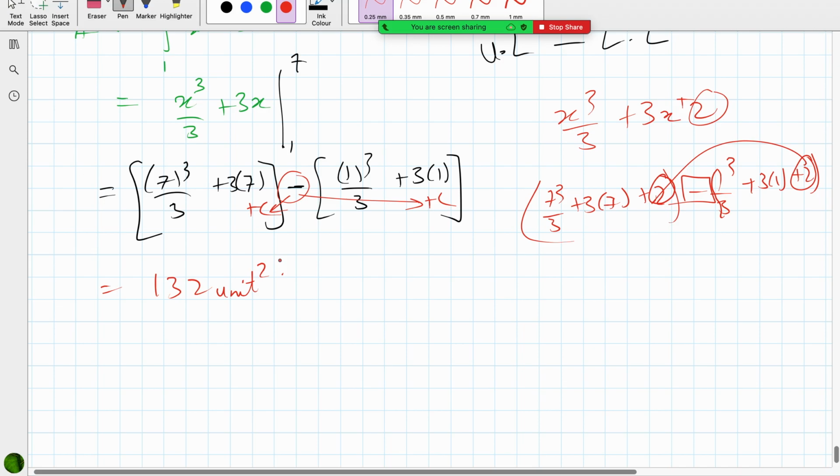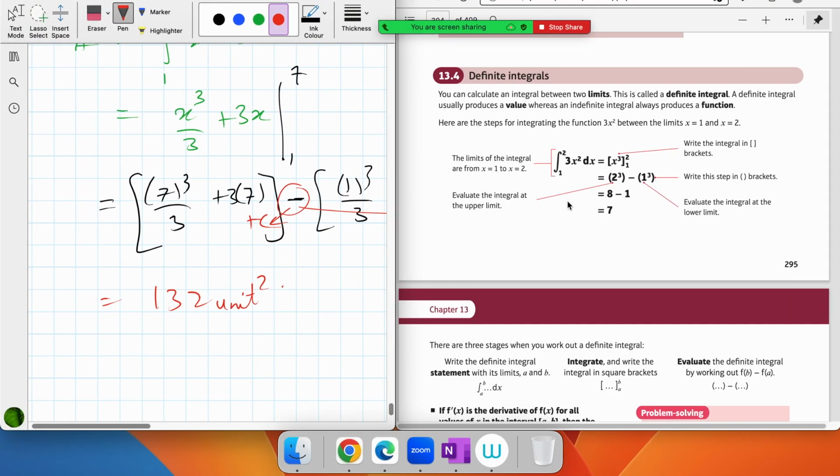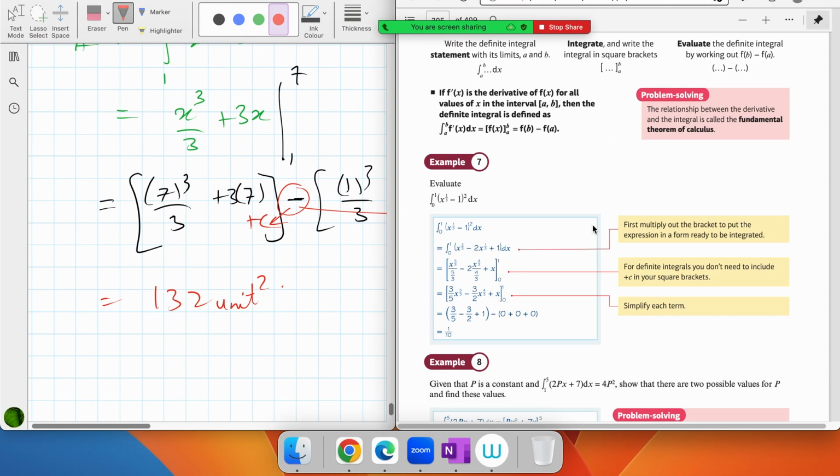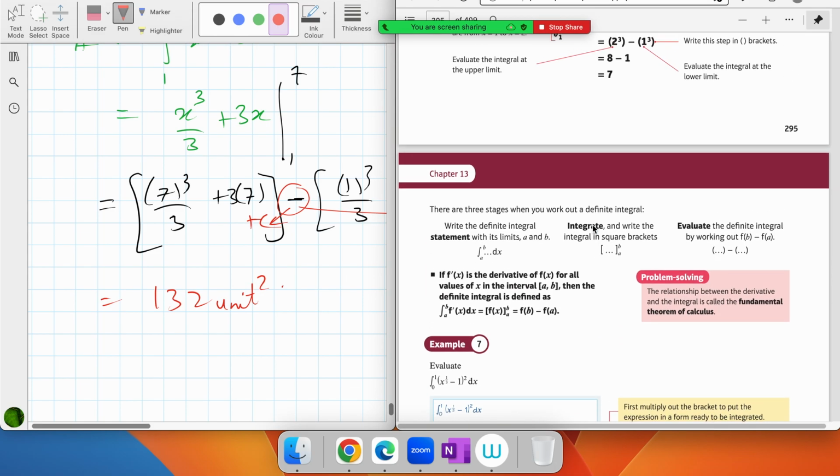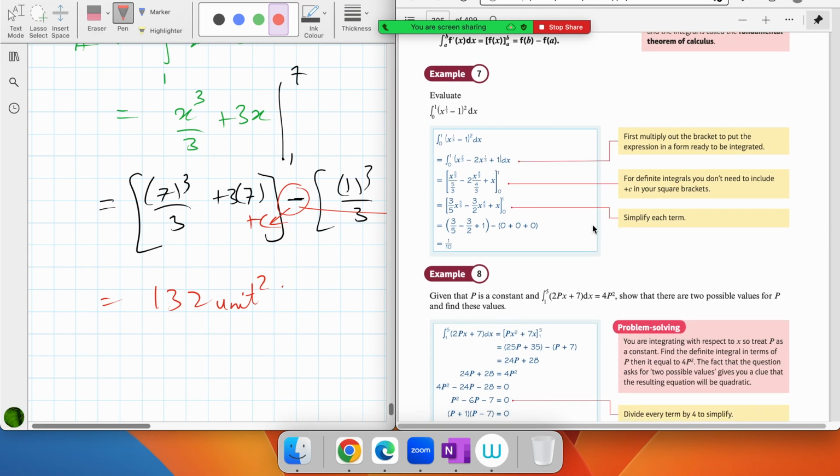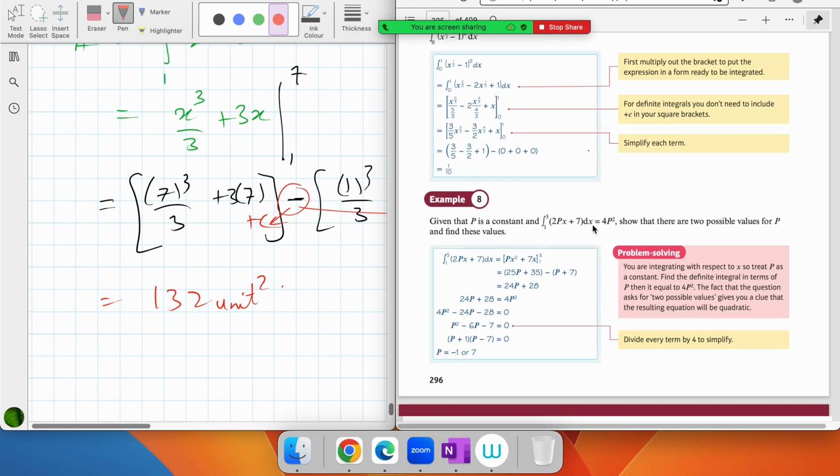Differential used to give you the gradient. Integral will give you the area under the curve and between the given limits. There's only one difference in the exercise we just did and this new one. There are definite integrals. Upper limit minus lower limit, that's it.